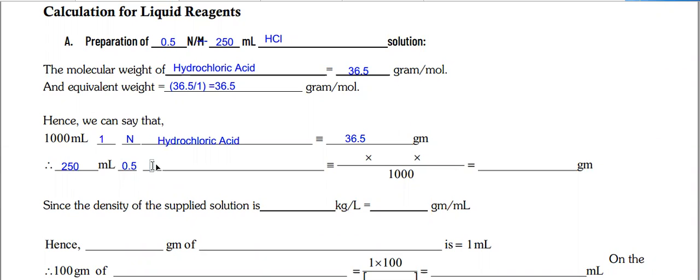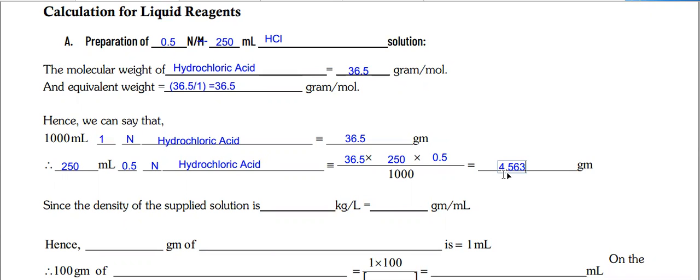Therefore, 250 ml of 0.5 normal hydrochloric acid is equivalent to 36.5 times 250 ml times 0.5 divided by 1000 ml, and the value is 4.563 gram. 4.563 gram hydrochloric acid is required for the preparation of 0.5 normal, 250 ml hydrochloric acid solution.